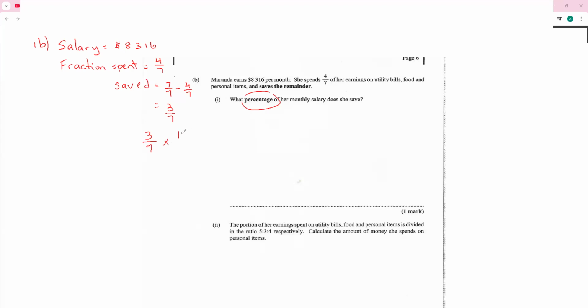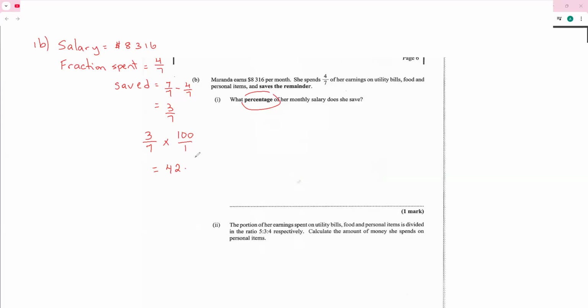So to change a fraction to a percentage, we multiply by 100. I'm using my calculator, and for your paper two, you can as well. Just show them the steps that you are going to do. So it will be 3 divided by 7 times 100, and that would be 42.857.